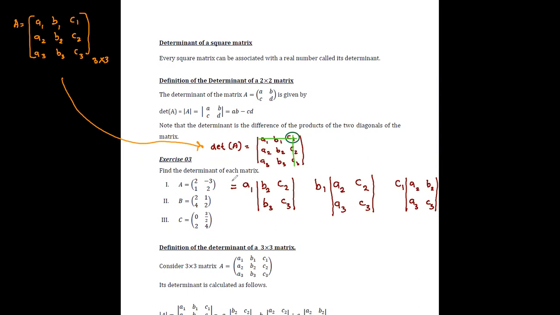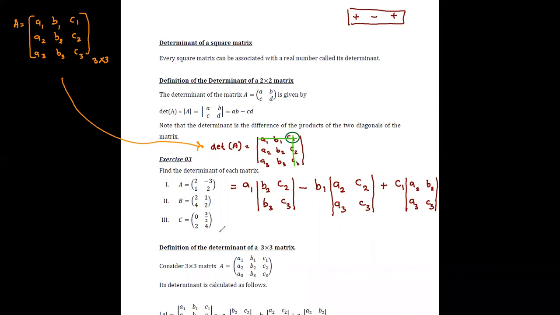First element connected with plus sign, second element connected with minus sign, and third element connected with again plus sign. Therefore, the pattern is plus, minus and plus.